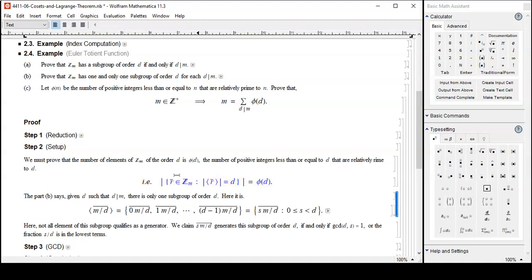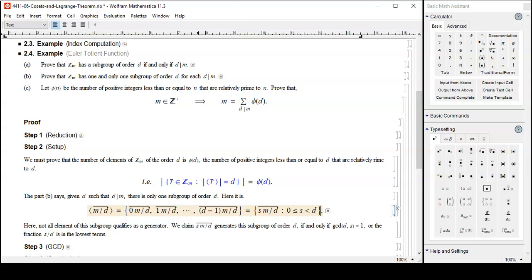So if r bar in Zm has order d, and there's one and only one subgroup of order d, it's got to be a member of this. So r bar should be one of those s m over d.